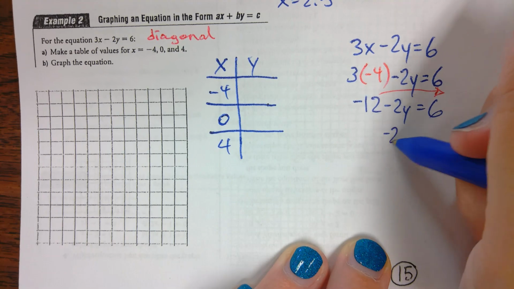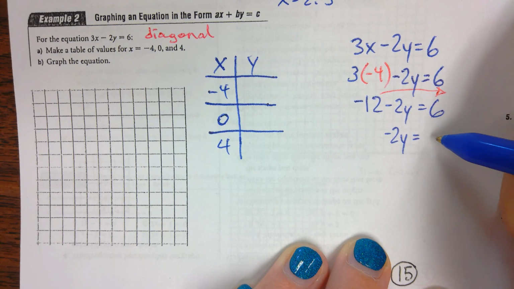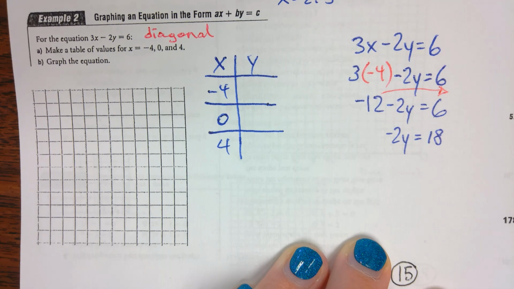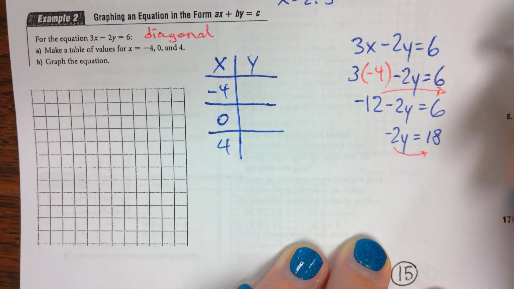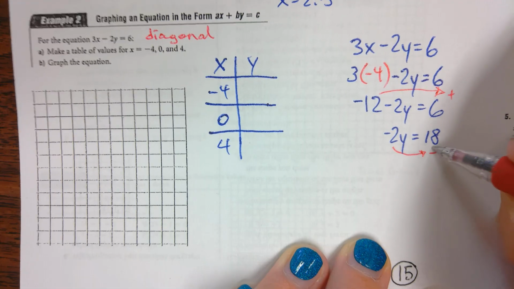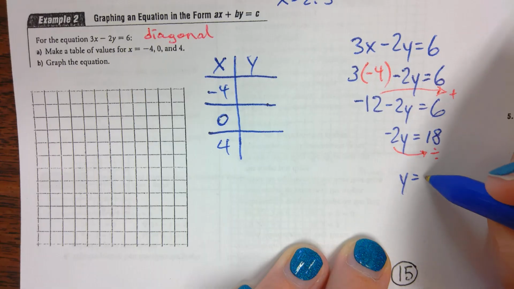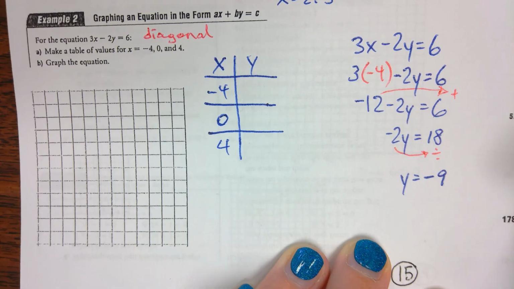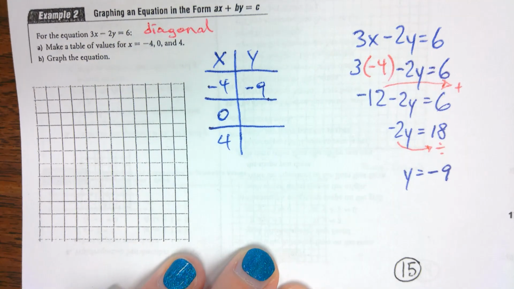Alright, so I have -2y equals 6 plus 12, which is 18. And then I would divide that by -2. So y equals? -9. See, your mental math is good. So there you go. I got my first point.